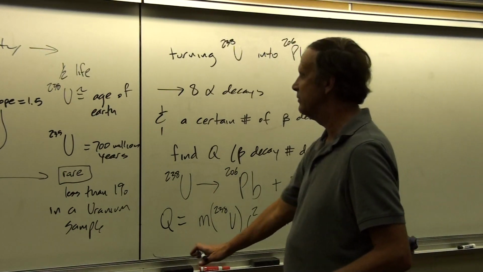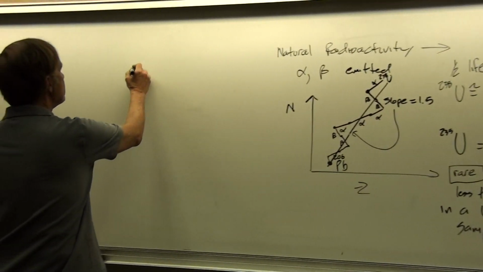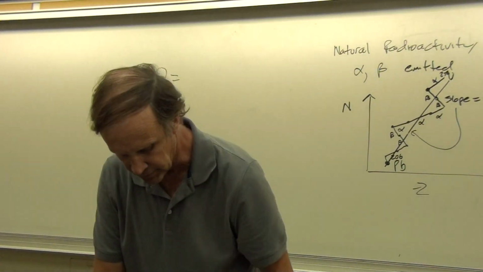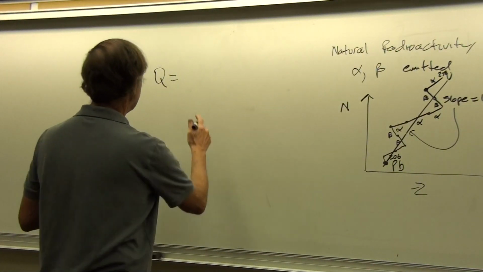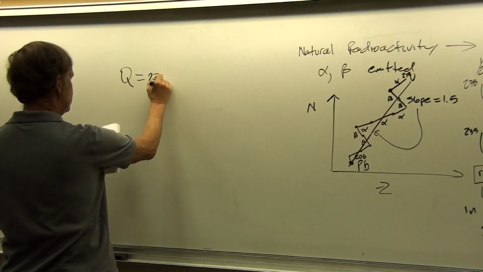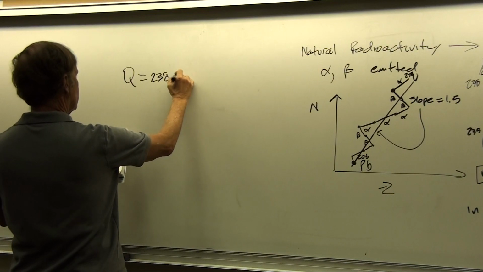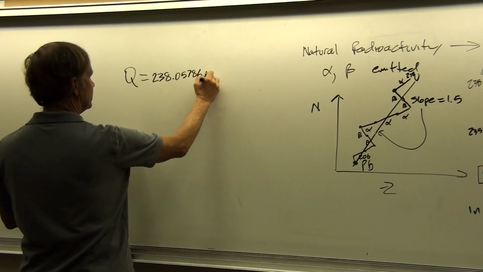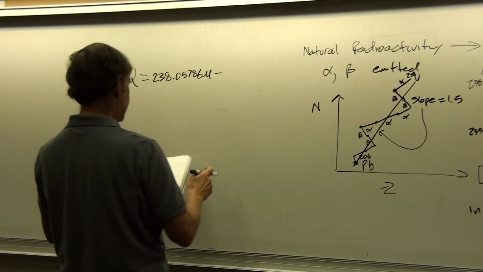Or we can rewrite this as, let's do it over here, Q equals, and here I'll need to pull out my tabulated values. For U-238, that's going to be 238.05786 mu minus lead-206 mass.